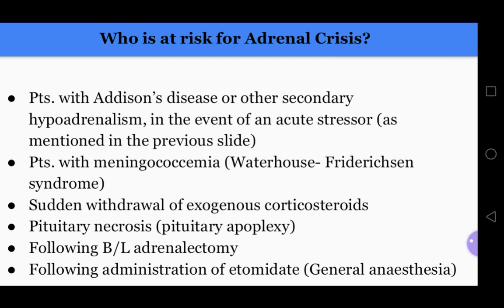Sudden withdrawal of exogenous corticosteroid can precipitate adrenal crisis. Then pituitary necrosis or pituitary apoplexy, following bilateral adrenalectomy, and following administration of etomidate, which is a general anesthetic. All these are risk factors for adrenal crisis.